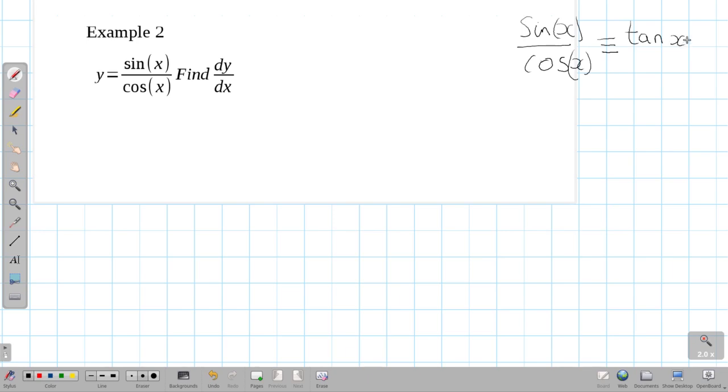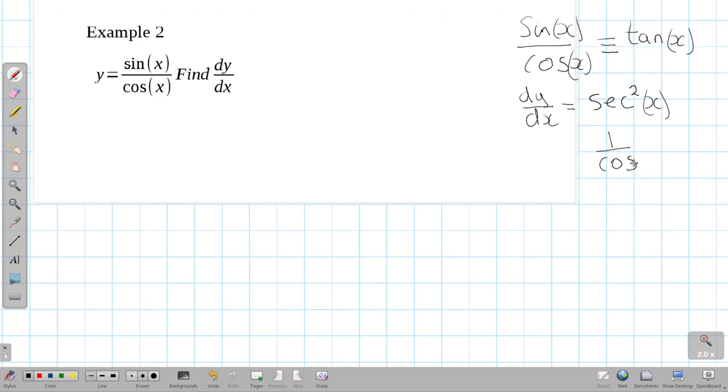tan of x. Now, if you look up tan of x in your table of derivatives, you will find this. dy dx of tan x gives us, it's a not so common term, sec squared x. Just a heads up, sec means 1 over cosine.